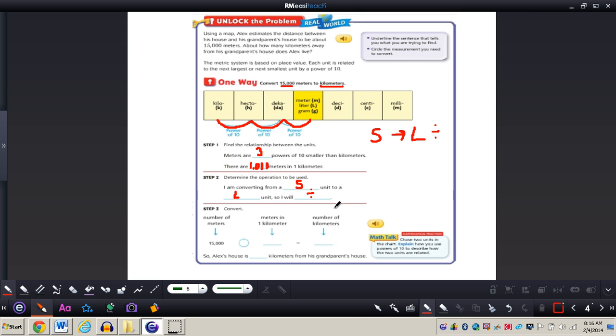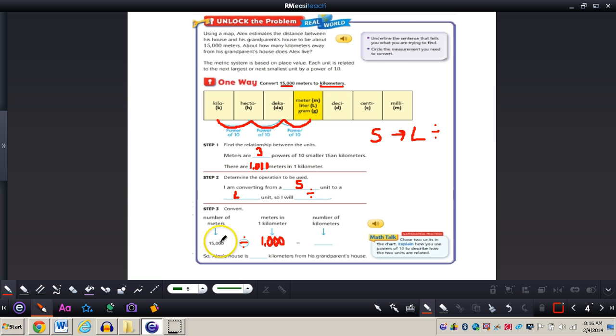Okay, so step 3, we are going to convert. So we have 15,000, and we are going to divide. What are we going to divide by? We're going to divide by however many meters are in a kilometer, which is 1,000.